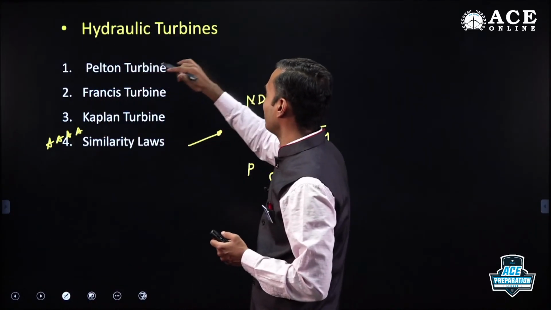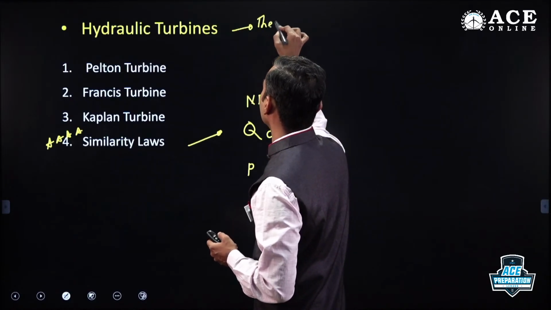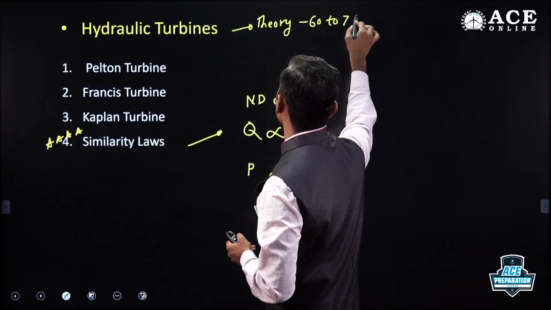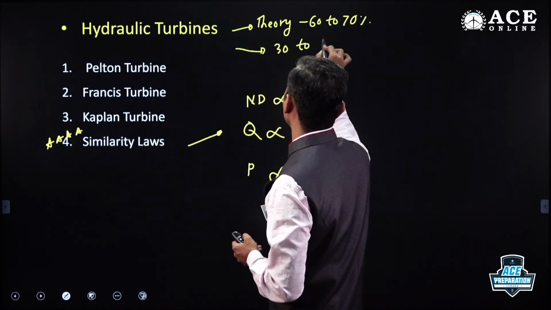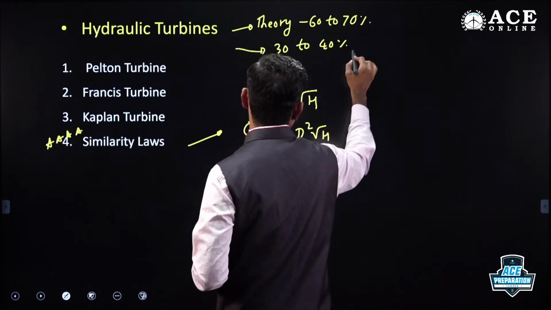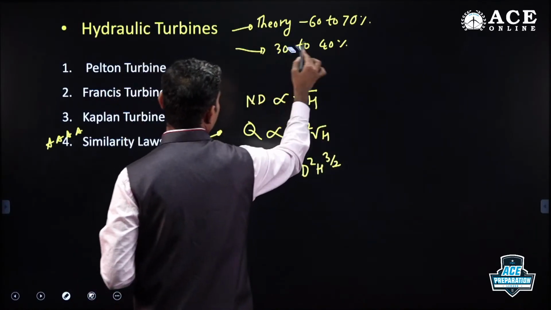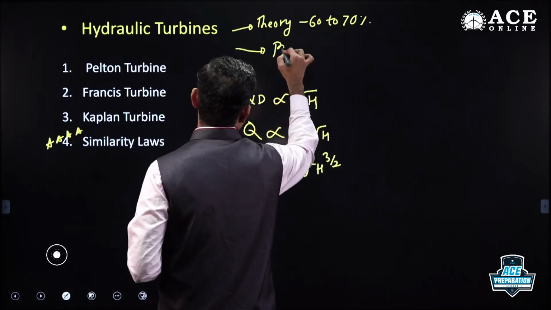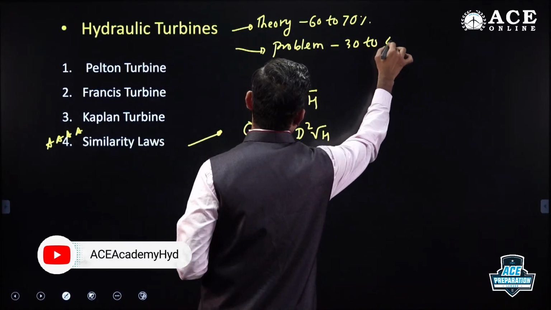On this hydraulic turbines, mostly you will get theory questions. Around 60 to 70% of the time you will get theory questions, and around 30 to 40% of the time you will get numericals.